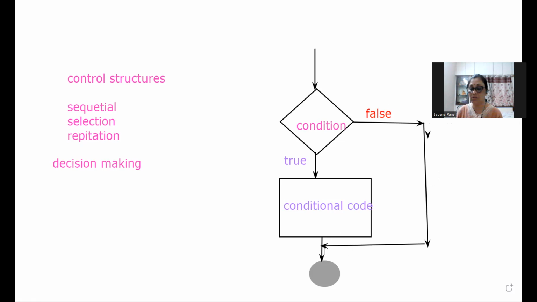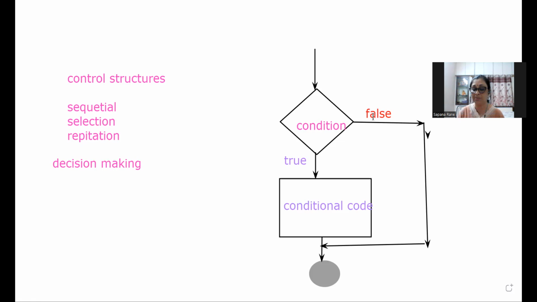In the Python programming language, the following decision making techniques can be used, just like in other languages. The if statement consists of a Boolean expression followed by one or more statements. If the Boolean expression evaluates to true, the block of statements inside the if statement is executed.